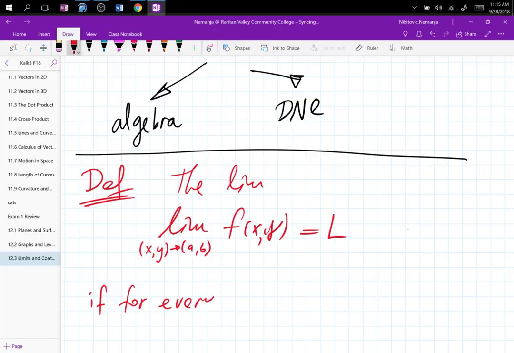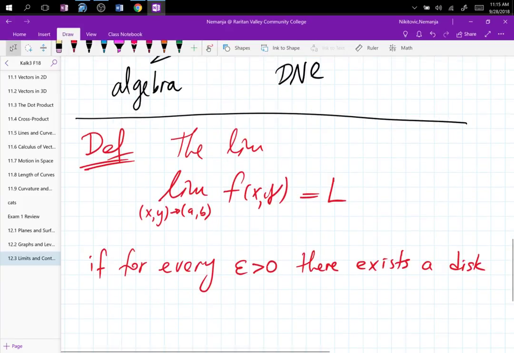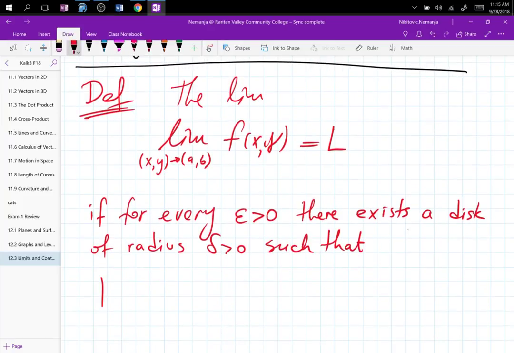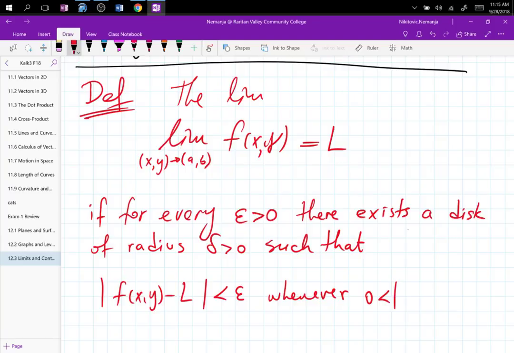for every epsilon larger than 0, there exists a disk of radius delta larger than 0, such that, and we have our standard, absolute value of f of x, y minus L is smaller than epsilon whenever 0 less than, and now we need Euclidean distance.